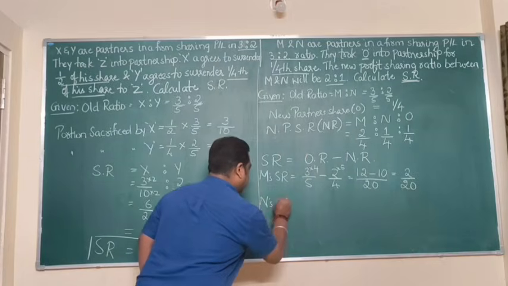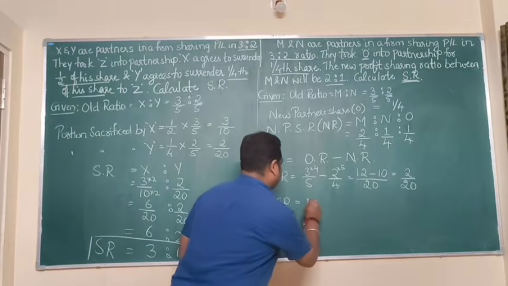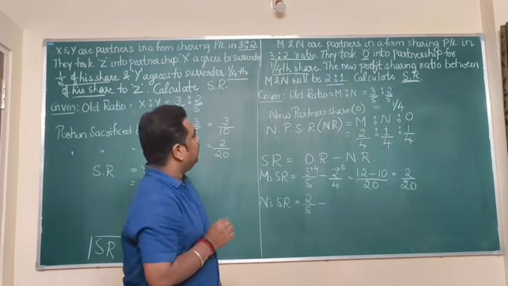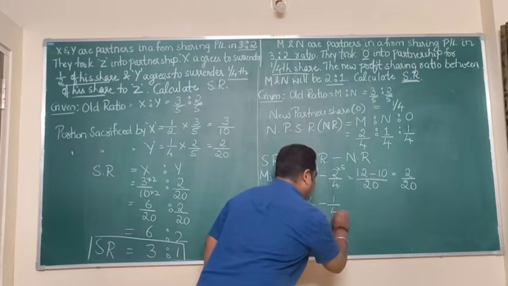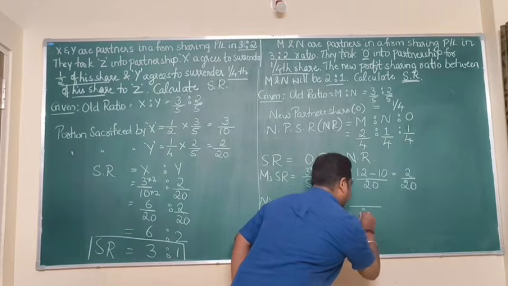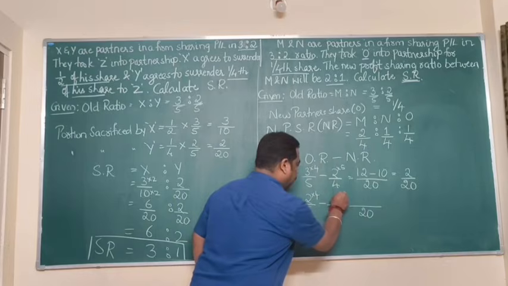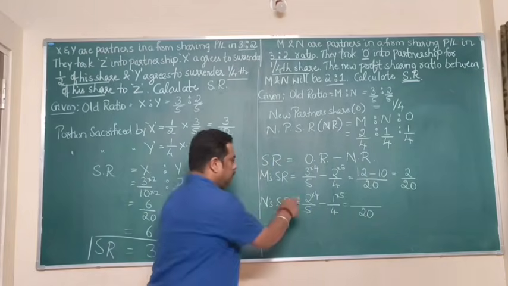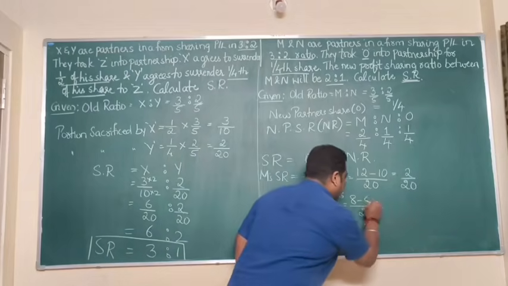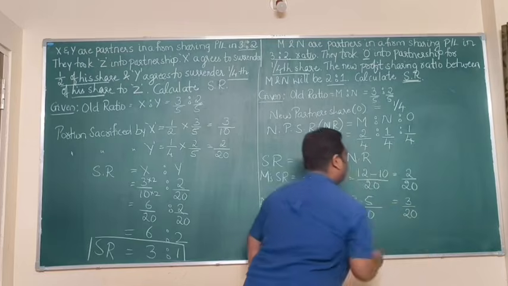Similarly, N's sacrifice ratio is equal to, what is the old ratio of N? It is 2/5 minus what is N's new ratio? It is 1/4. 2/5 minus 1/4. Common LCM 20 again. 2 4s are 8 minus 1 5 is 5. 8 minus 5, it is 3/20.